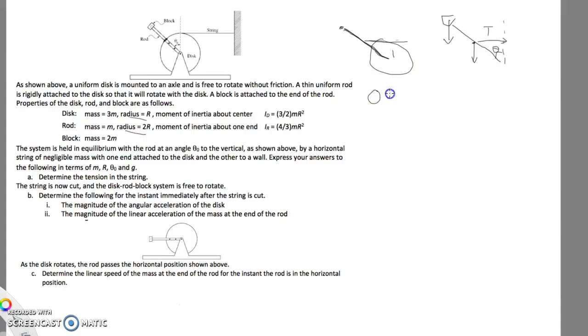Okay, so 0 equals T times R. Now this is going to be acting at an angle, and so we would say that if this is distance R, that it is away.